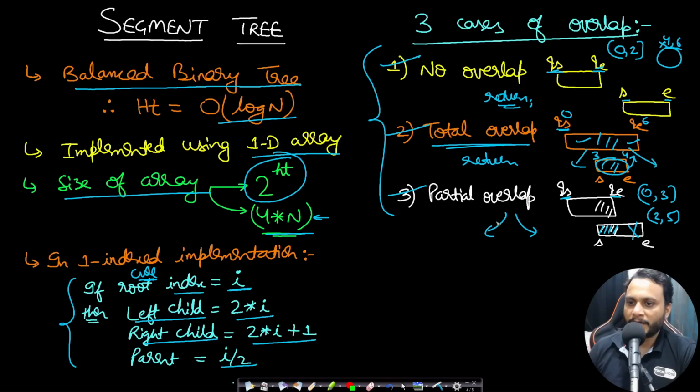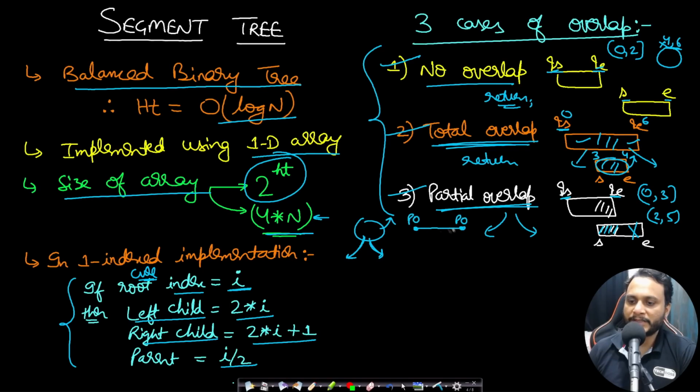Now at any particular node, there will be either of these 3 cases: no overlap, total overlap, or partial overlap, right? If you are considering no overlap and total overlap, it will immediately return and there will be no recursion call. But if you consider partial overlap, then there will be left call, right call, and then we will be further exploring. The endpoints of the line segment actually create partial overlap.